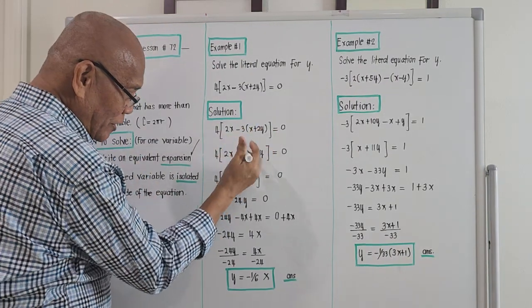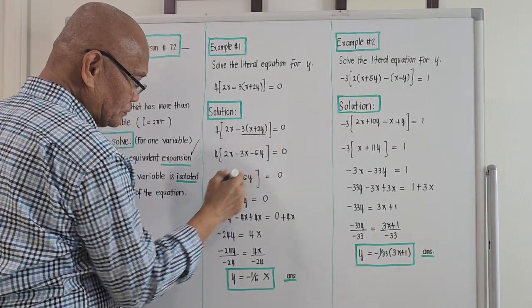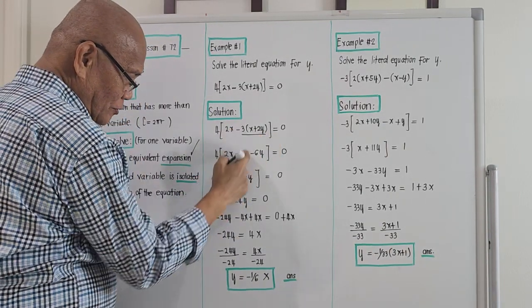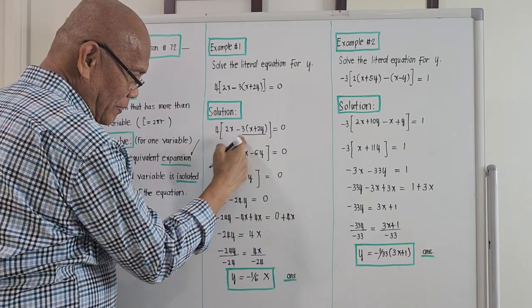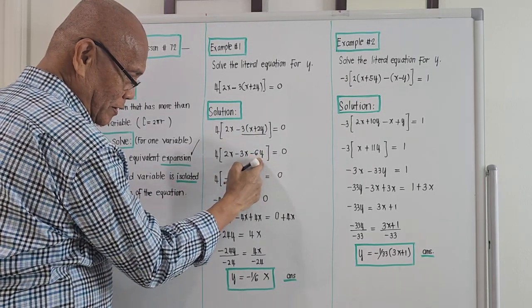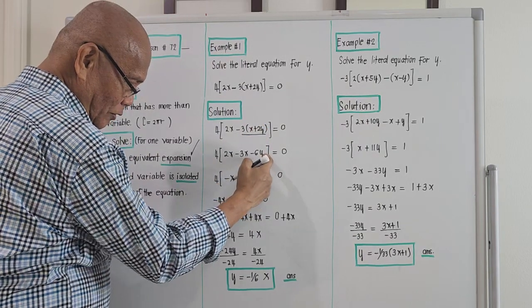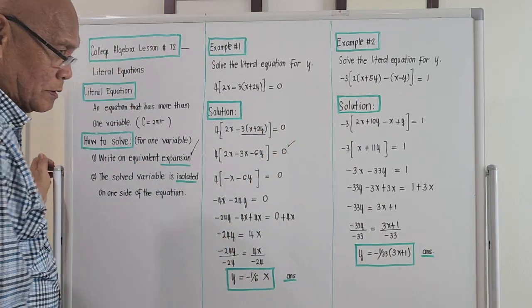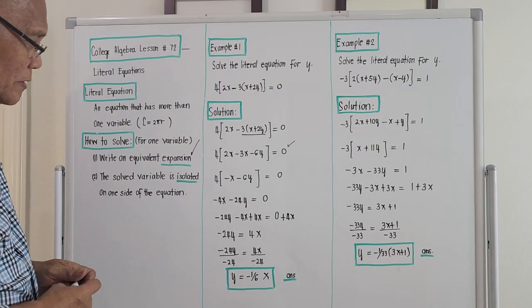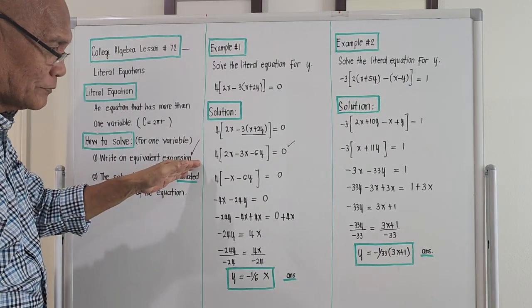If we expand this now, minus 3 times x will be negative 3x. Minus 3 times a positive 2y, a minus and a plus will be minus 6y. 3 times 2 will be 6, multiplied by y, close bracket, and this should be equal to 0. That's the so-called expansion.